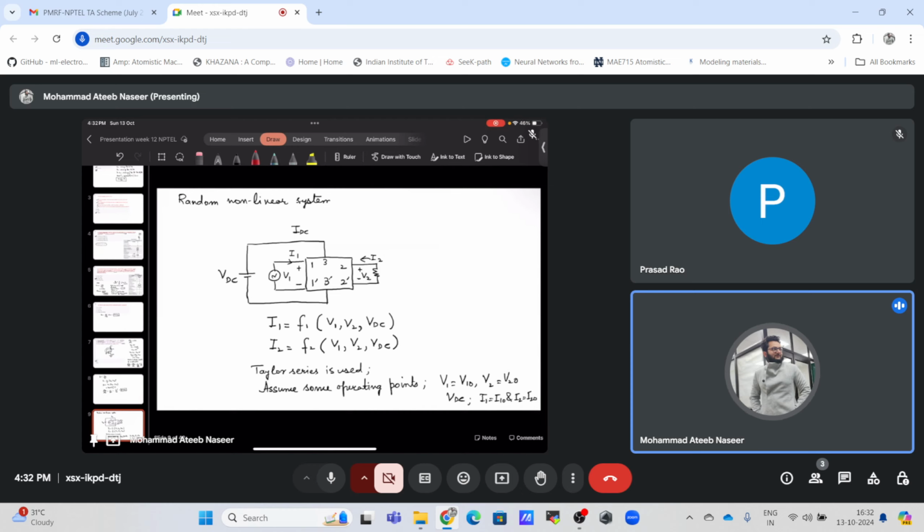If I give a signal at frequency omega naught, the amplified output signal should also have its main component at omega naught itself.